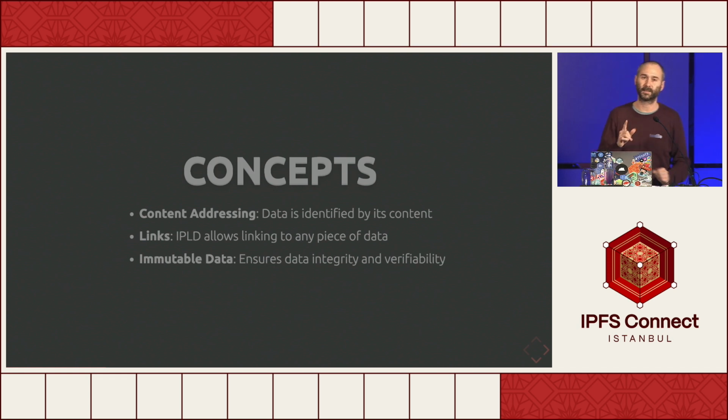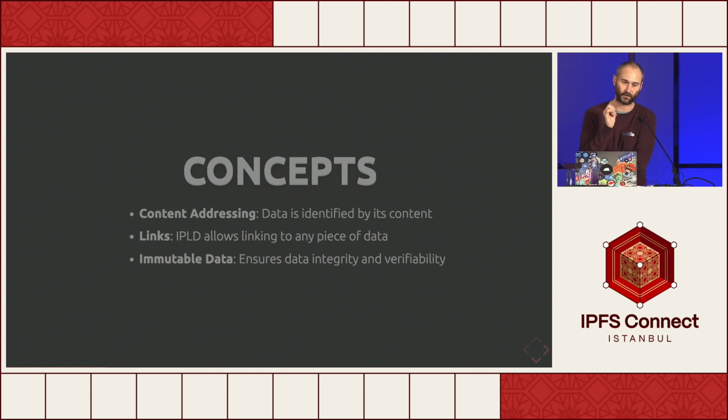And I do want to take some time for a second to talk about what I mean when I say immutable. Sometimes IPFS has been referred to as the permanent web, or an immutable web. And that is true, but it's also misleading. Immutable just means that once I've created some version of the data, that version is going to be valid and immutable and unchanging for the rest of time.